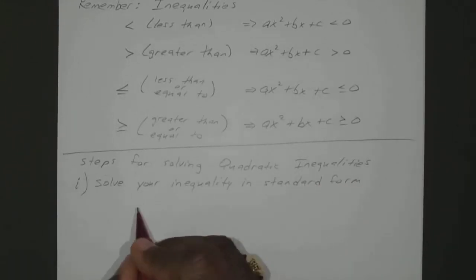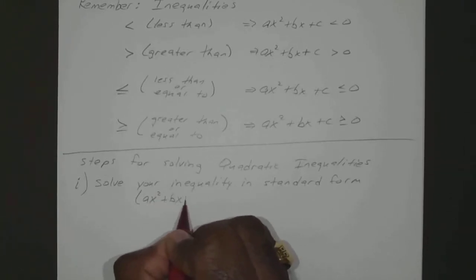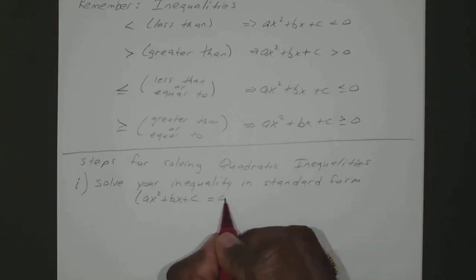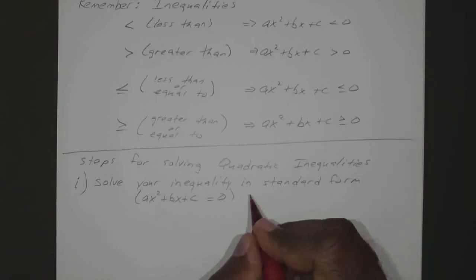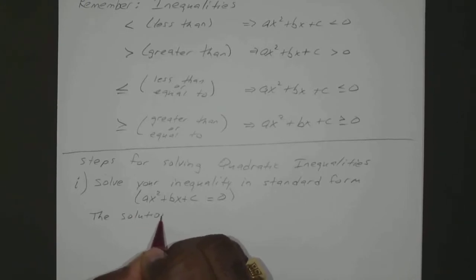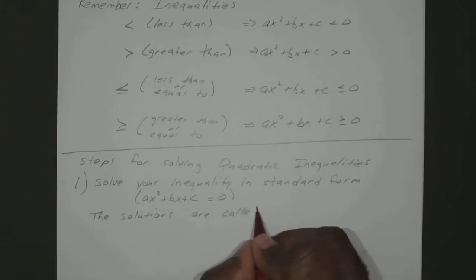And by standard form, it's just you're going to solve ax squared plus bx plus c, and instead of one of the inequalities, you're just going to make it equal 0. Okay? And your solutions here would be your critical numbers.